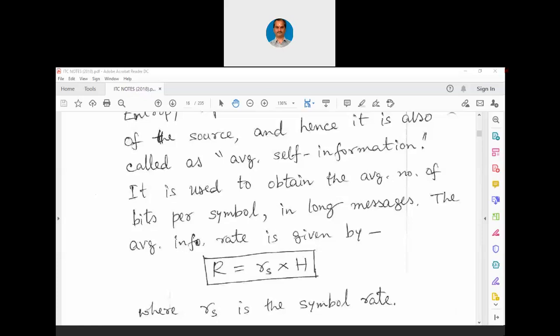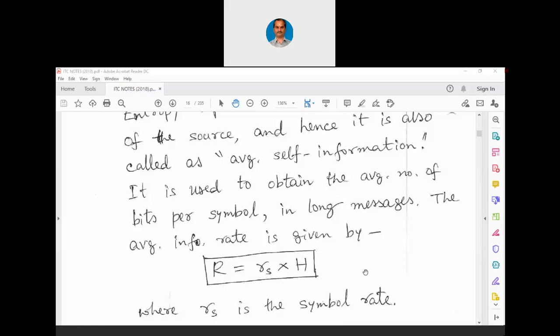Now, think about it. If we can reduce the number of bits for a given message, then naturally the same shared channel can be utilized for more users. That is the essence of information theory, and that is where information theory has achieved its objective.